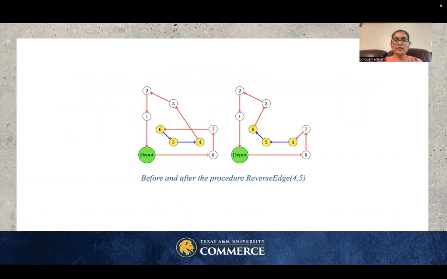The next one is the reverse edge procedure. It takes 2 different nodes which have a common route and reverses the subroute including both the nodes. So here you can see the subroute is 6, 5, 4. Now it is reversed so that it forms 4, 5, 6 as the route.